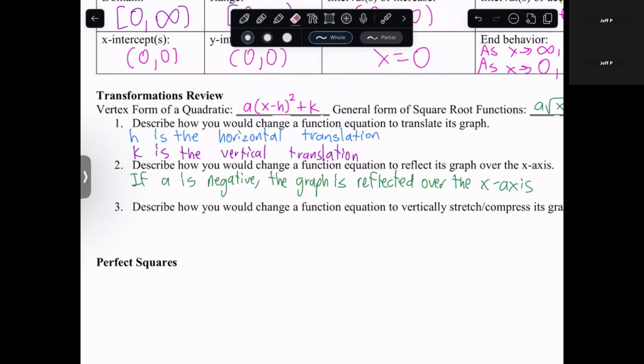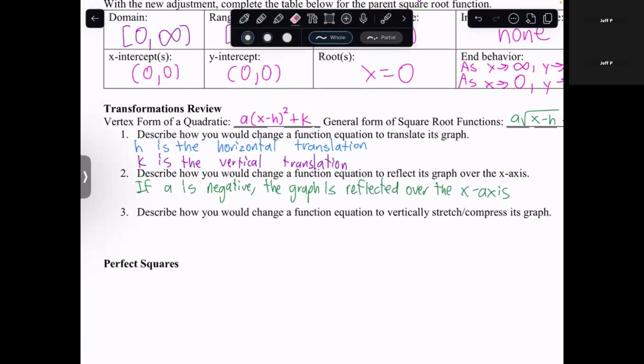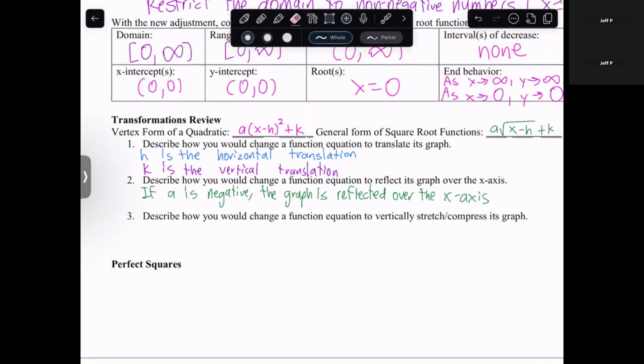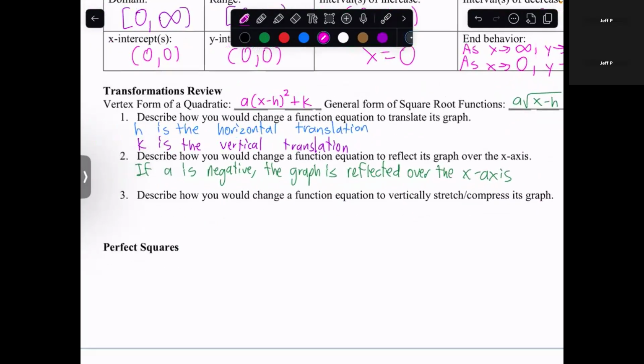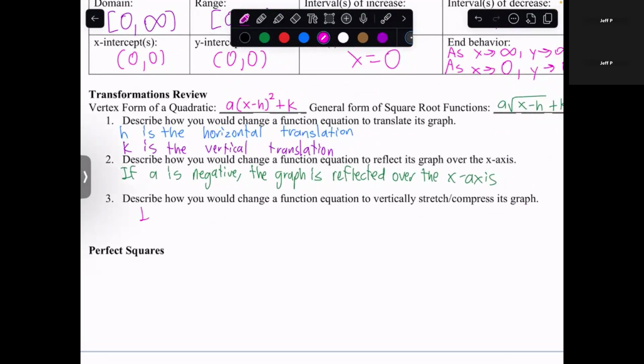And then lastly, in order to vertically stretch or compress the graph, that is still the a value, but now it's not about the positive or negative sign. It's about the actual number. Because it can be either positive or negative, we're going to describe this with absolute value.